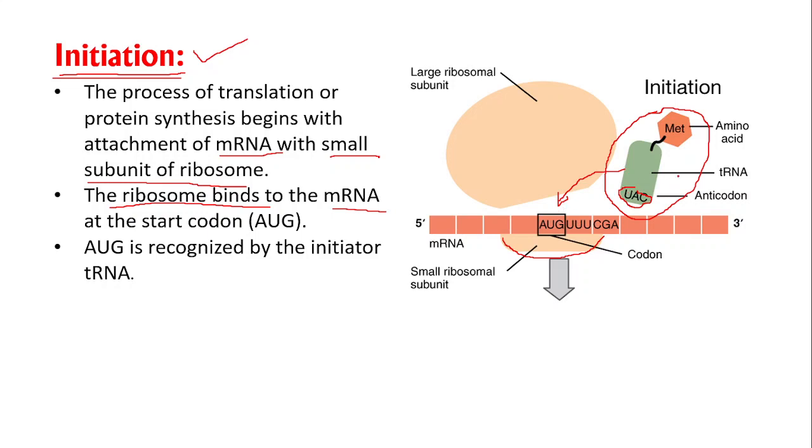Then, after attachment of the smaller subunit of the ribosome and the tRNA to the AUG region of the mRNA, the larger subunit will come and bind.